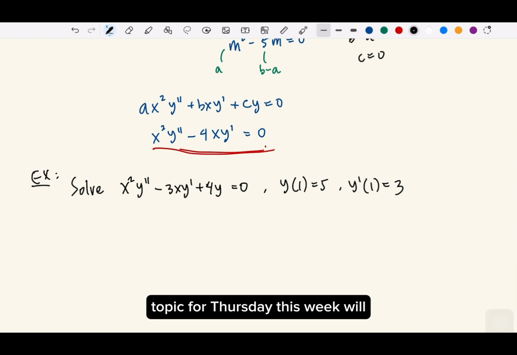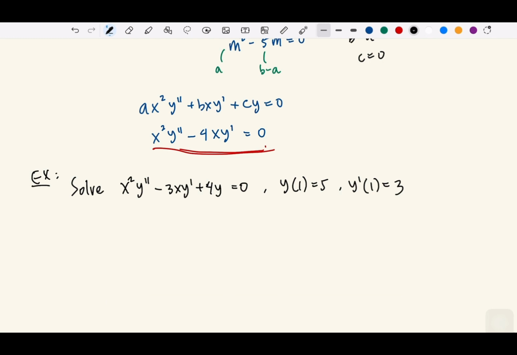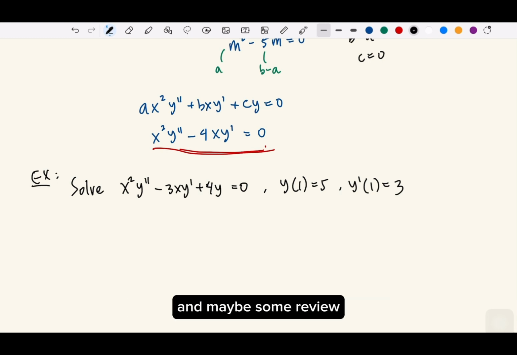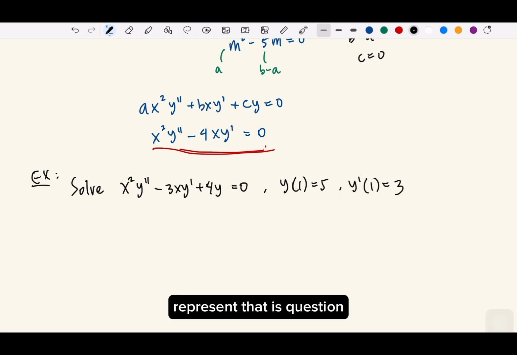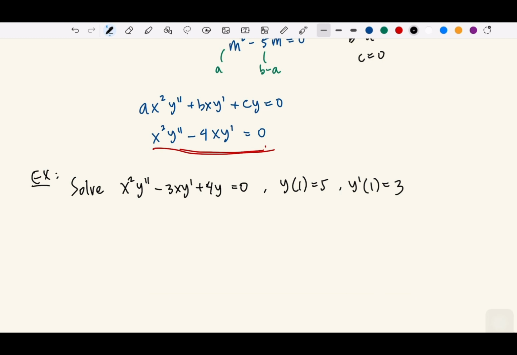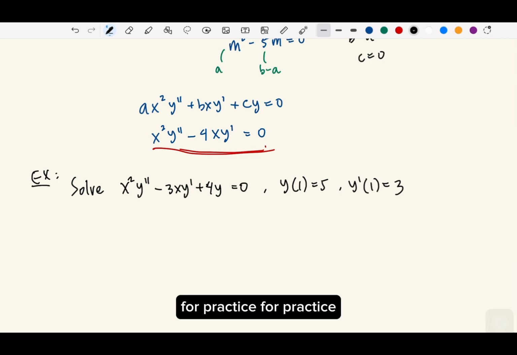The topic for Thursday this week, we move to Laplace transformation. Next Tuesday we are going to continue Laplace and maybe some review on some methods we have, and maybe this week I give you some representative questions for practice.